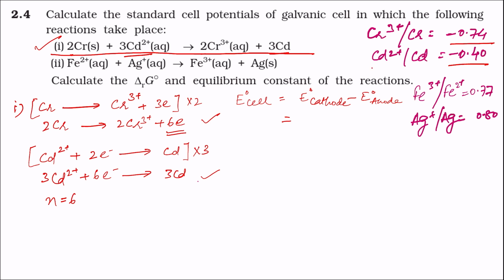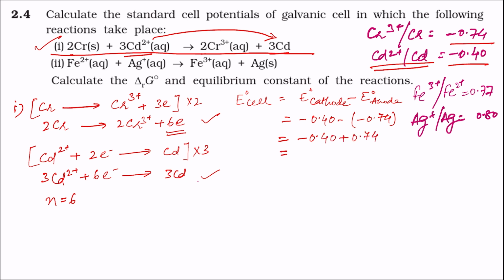Cadmium has the higher value of reduction potential, and it is undergoing reduction, so it is acting as the cathode. And chromium is undergoing oxidation, so it is acting as the anode. So minus 0.40 minus (minus 0.74) is equal to minus 0.40 plus 0.74, which will be equal to 0.34 volt. This is E naught cell.